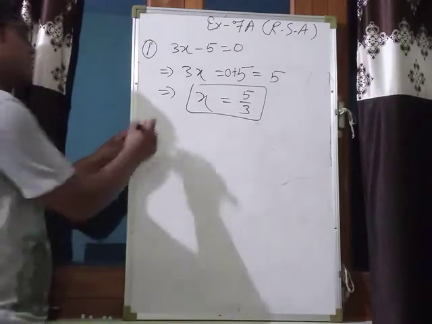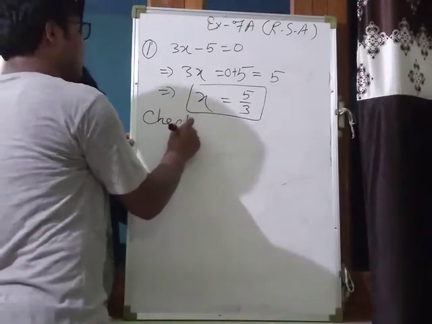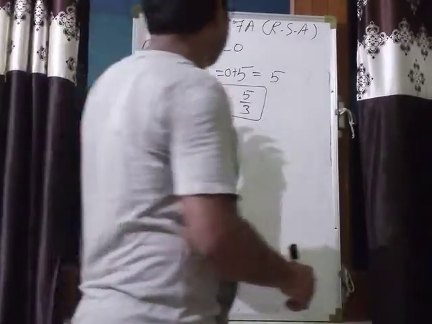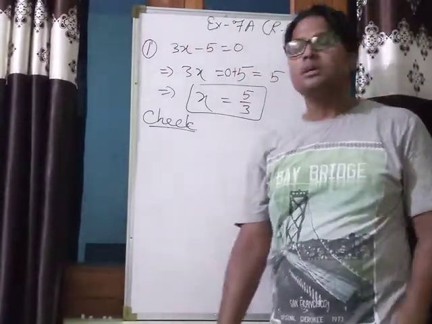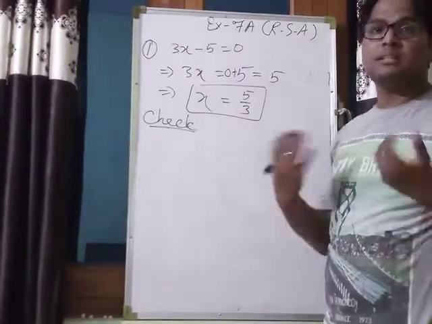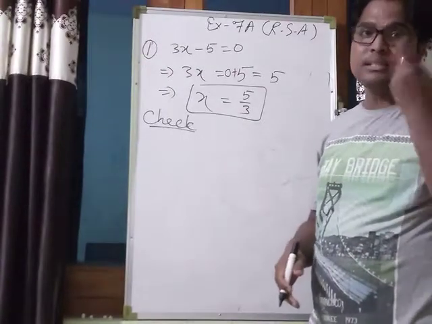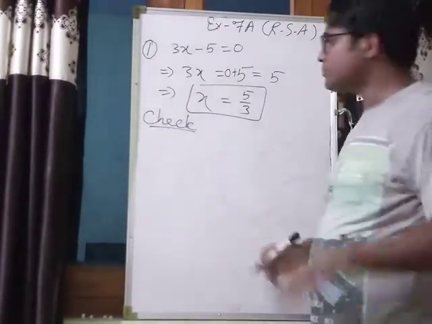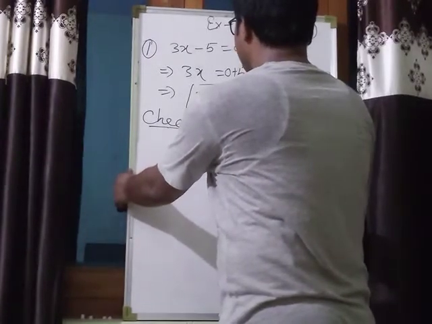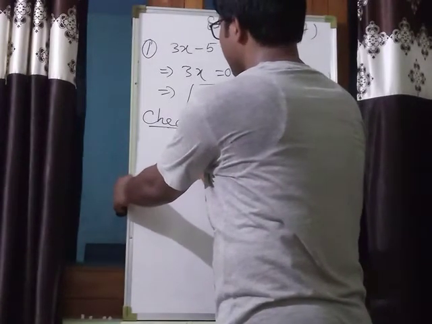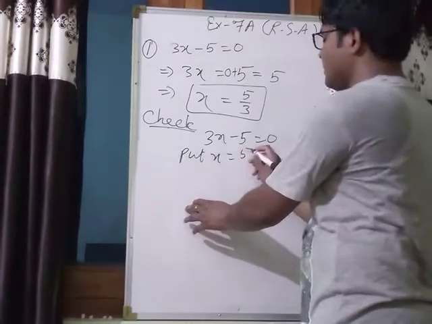So I am going to check whether this is correct or not. How can we check it? If we put x is equal to 5 by 3 and it satisfies the equation, meaning it makes left side and right side the same, then our answer is correct. Okay? See, consider 3x minus 5 equal to 0 and put x is equal to 5 by 3.